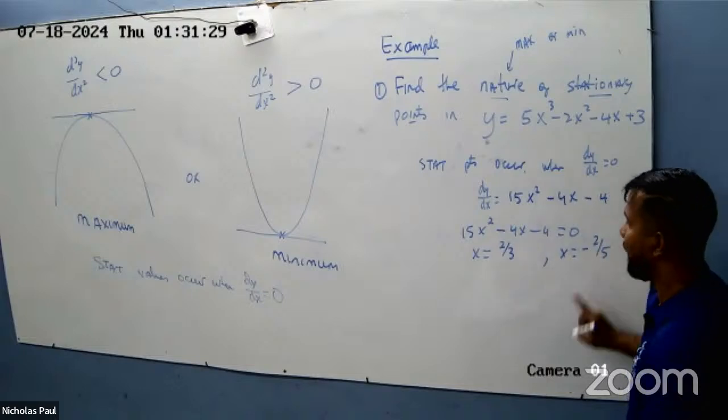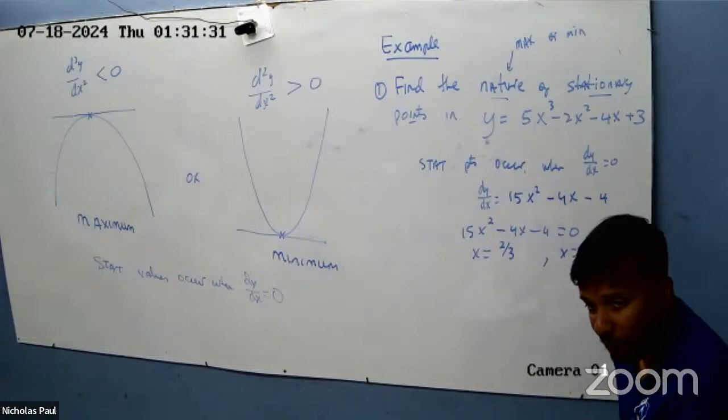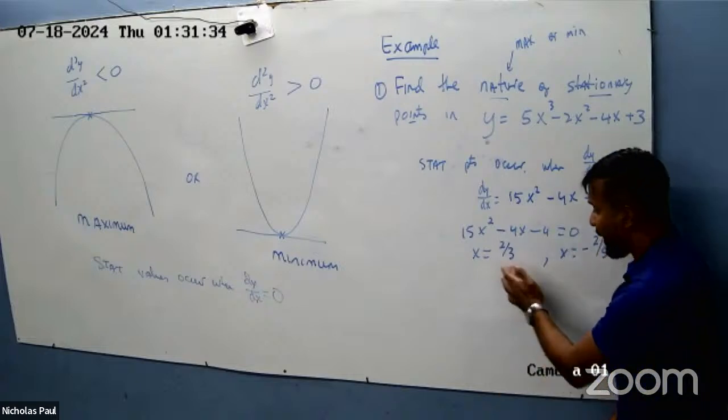So those are your two values for x. Are you okay with that? Now, which is max and which is min?